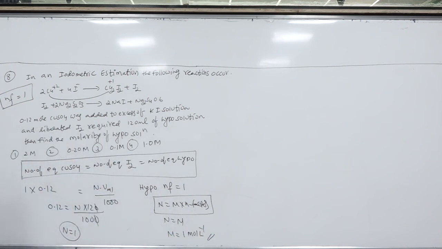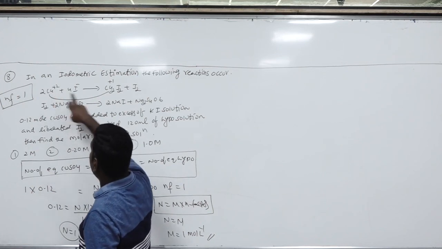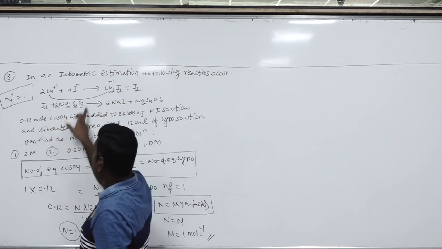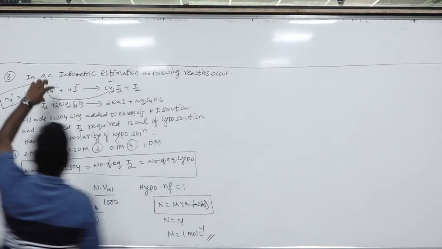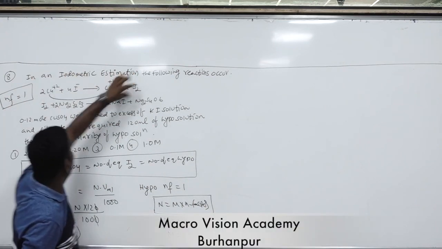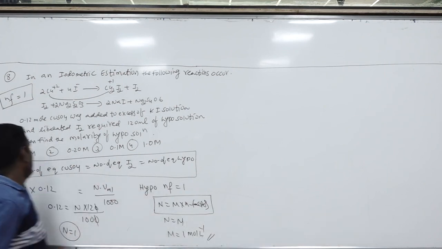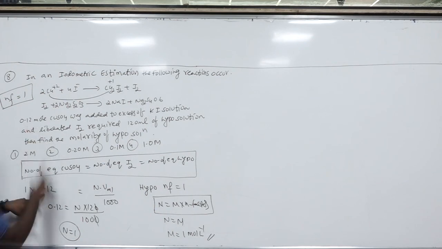Once again, the cupric ion oxidizes iodide ion into iodine. The liberated iodine is titrated with a standard solution of hypo. So the number of equivalents of Cu2+ ions is equal to the number of equivalents of I2, which will be equal to the number of equivalents of hypo. This is the law of chemical equivalence. Now the number of equivalents of copper sulfate is number of moles into n factor, and the number of moles given to you is 0.12. What is the n factor for copper sulfate here?